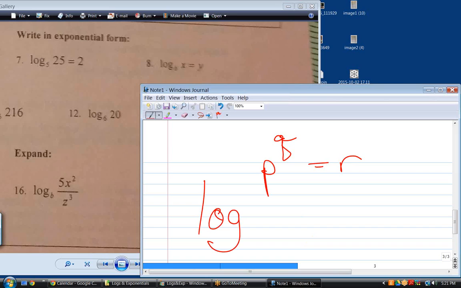It would be log, the equal sign would be q, and then base would be p, and the r. Only thing left is r. So as long as you remember the base is always what's under the exponent, that's what's important. I think you got it.